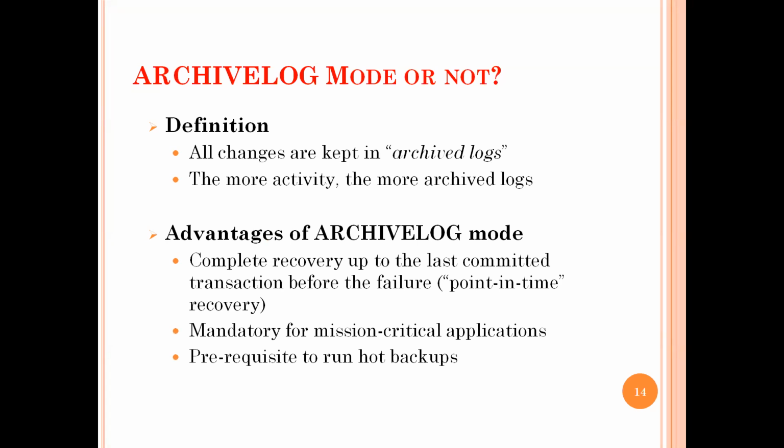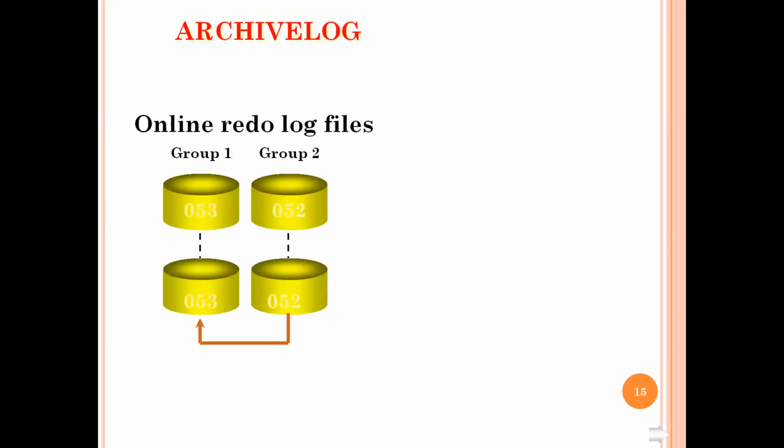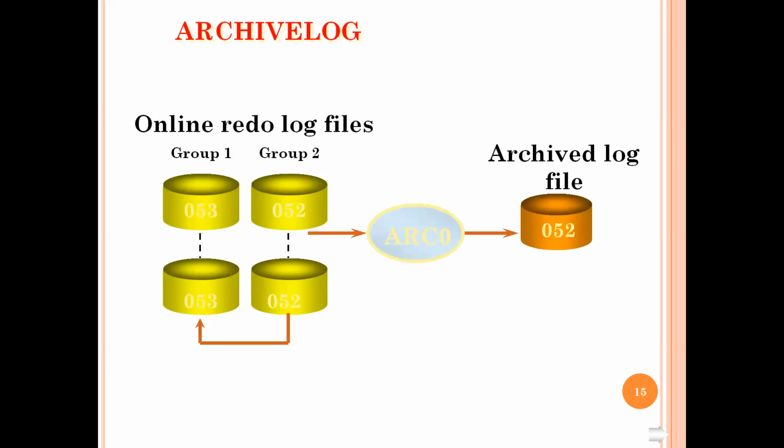For physical backups, it's required to have archive log mode on. We have seen how to turn it on. These slides explain the archive log mode. Here we have two groups of online redo logs, group 1 and group 2. In our example we had three groups.